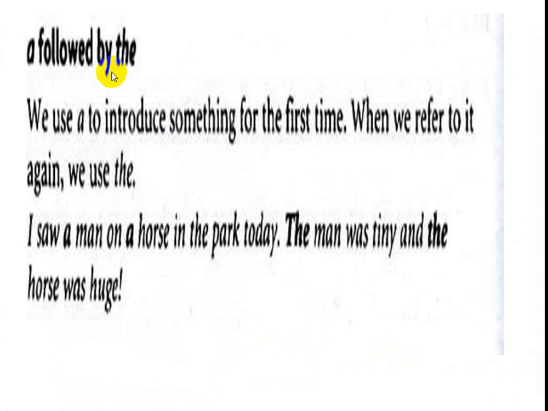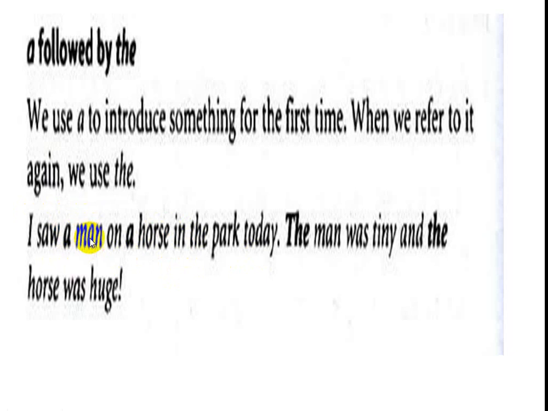A followed by the. We use a to introduce something for the first time. When we refer to it again, we use the. For example, I saw a man on a horse in the park today.